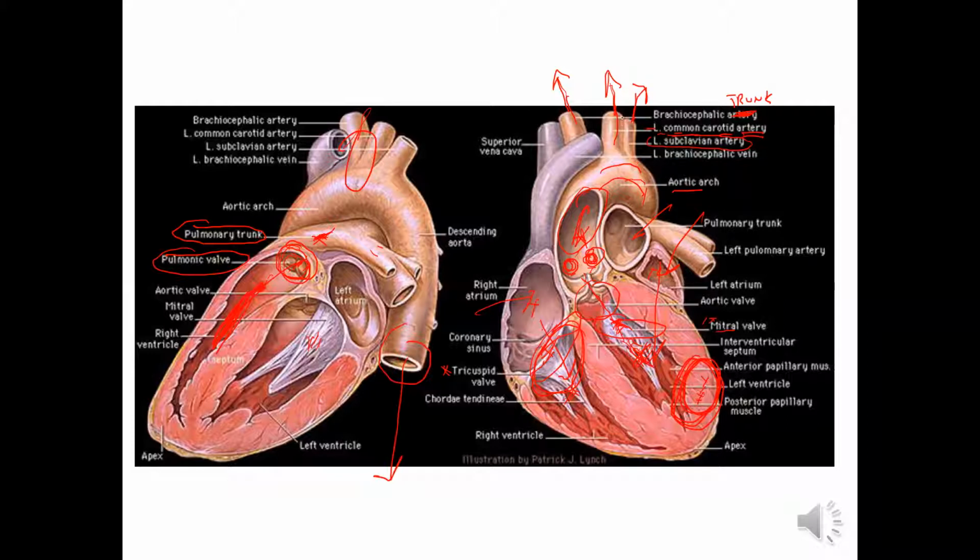So later on, you'll see the branches of the left and right coronary artery, of course, and then these three. And notice this is just the left common carotid artery. It's not right. And this is the left subclavian artery. Now the brachiocephalic trunk is going to branch to the right common carotid artery and the right subclavian artery.